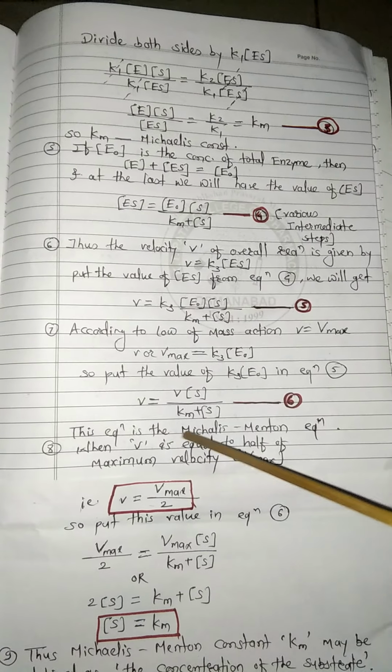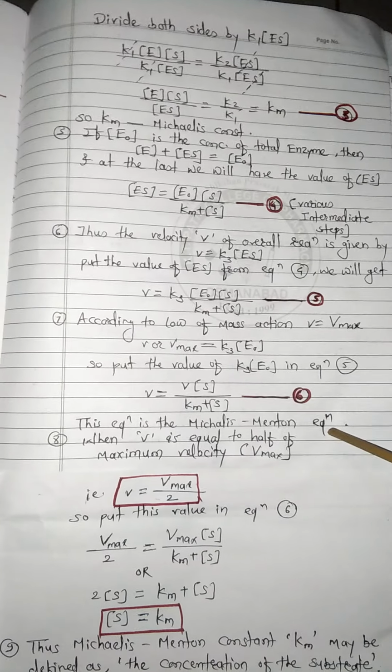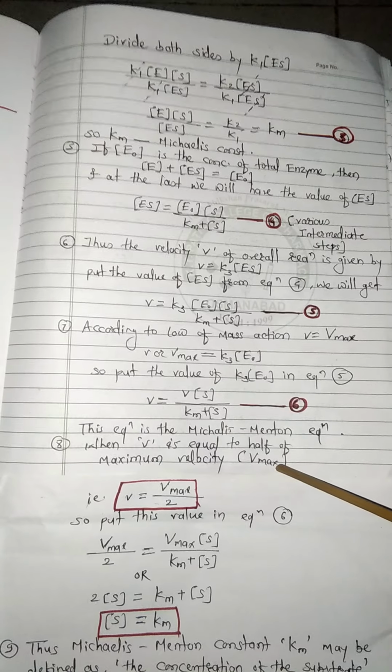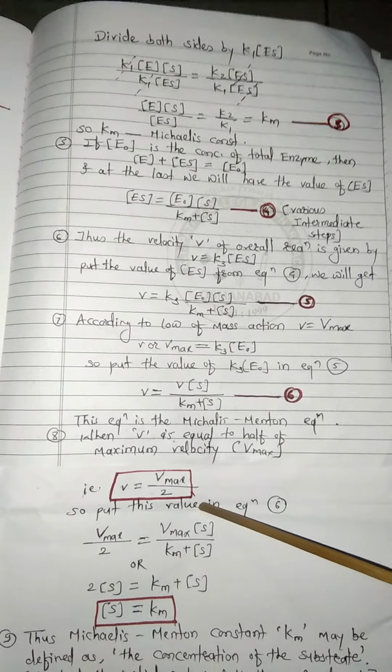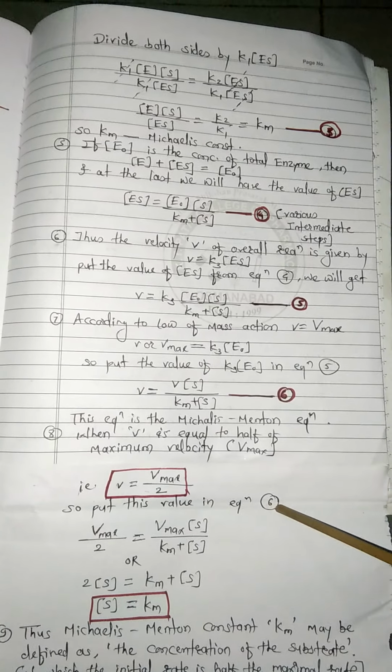This equation is the Michaelis-Menten equation. Now consider when V is equal to half of the maximum velocity. This is the important point. Put this value in equation 6.